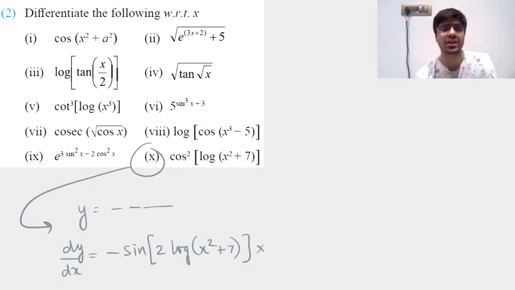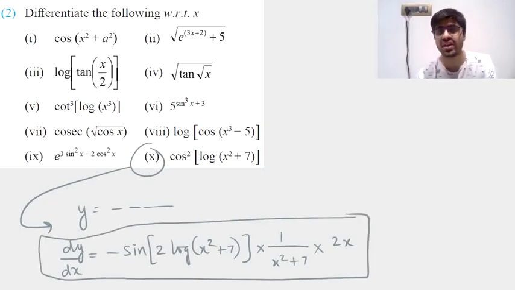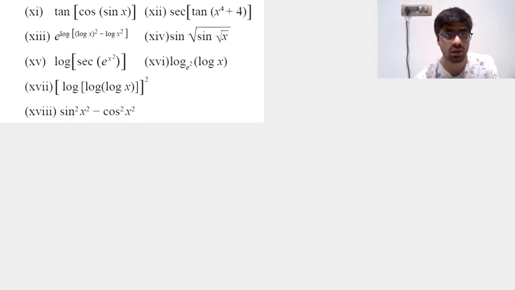You had taken log of x square plus 7 in place of x. Take a derivative of it, and it's like log x, right? So the derivative for it will be 1 upon x, that is 1 upon x square plus 7. Multiplied further with the derivative of x square plus 7, and that will be 2x. So that's going to be the final expression of dy by dx for the 10th question.